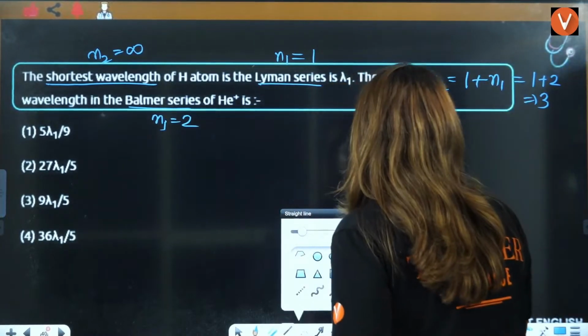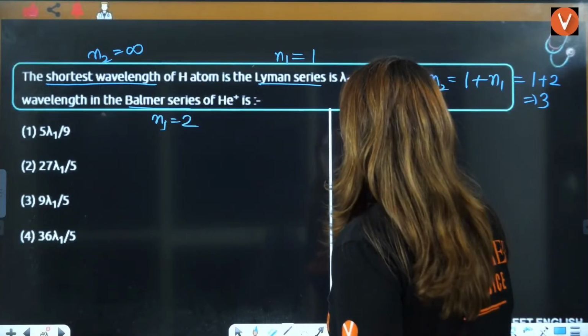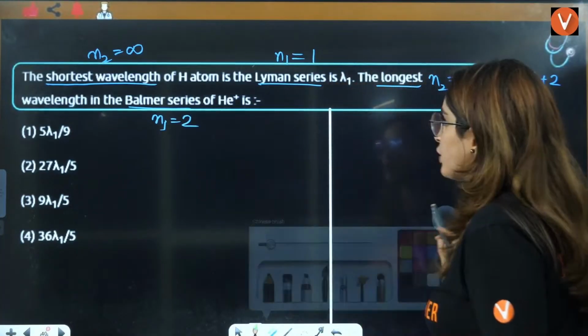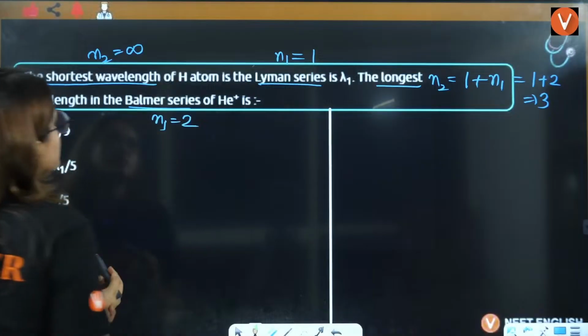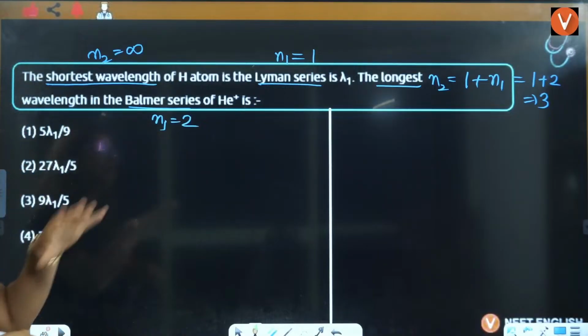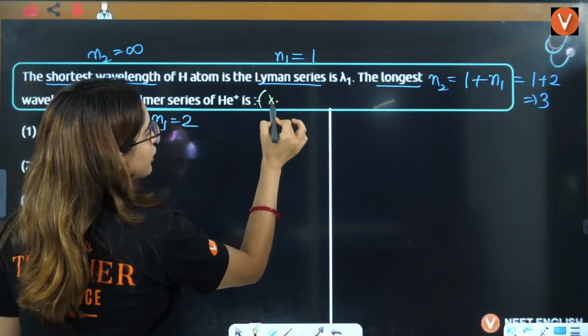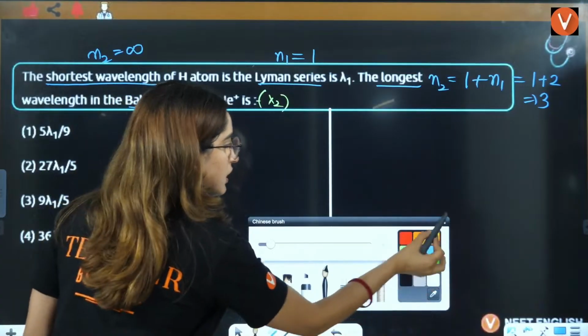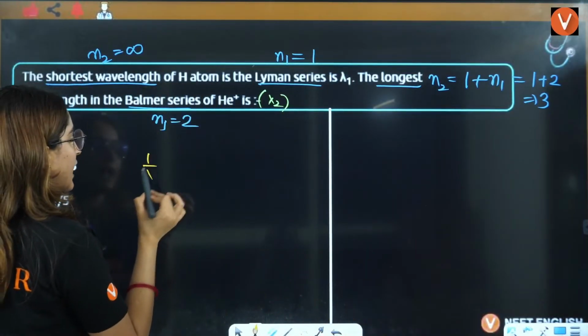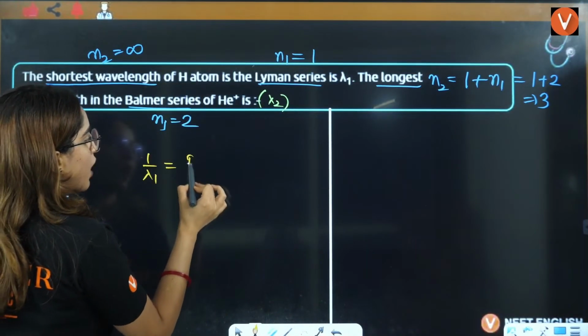Okay. Now you just have to solve it here, right? How do you solve it? The shortest wavelength in this case is lambda 1. In this case, let's take this as lambda 2, right? Apply the Rydberg equation. 1 by lambda 1 is equal to RH.